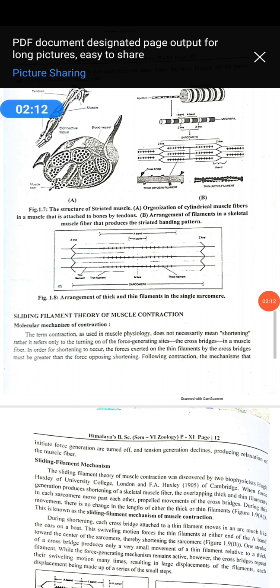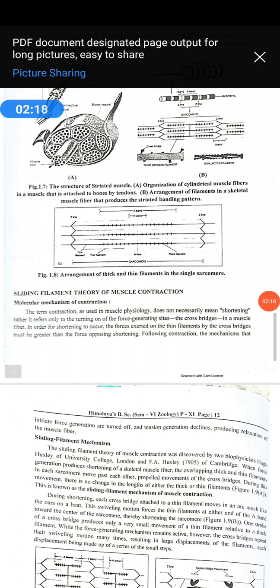That means the myosin filament gets attached to the actin filaments and pulls the actin filaments inwardly, so that the actin filaments slide over the myosin filaments. This results in the contraction of the muscle fiber. Understand? The head of the myosin filament attaches to the active site of the actin filament and pulls it inward.